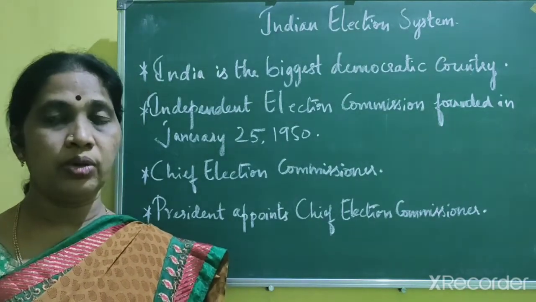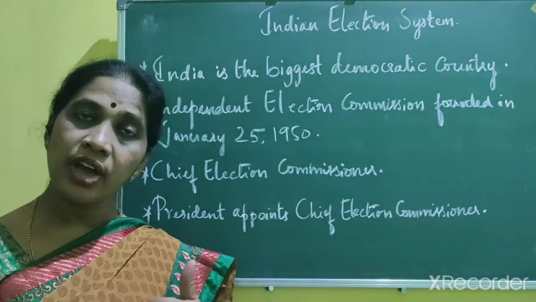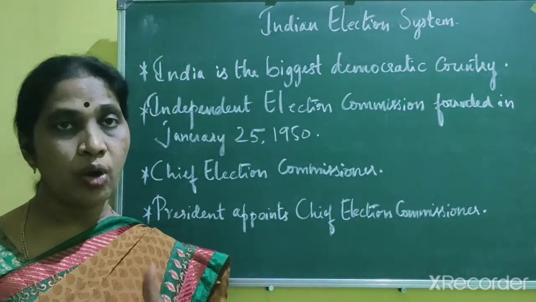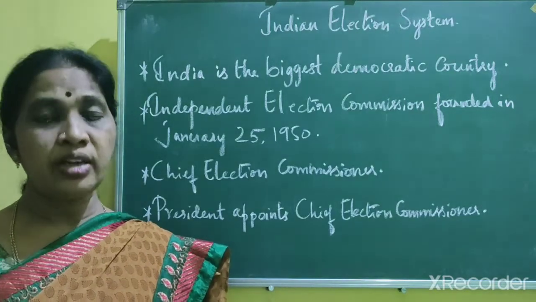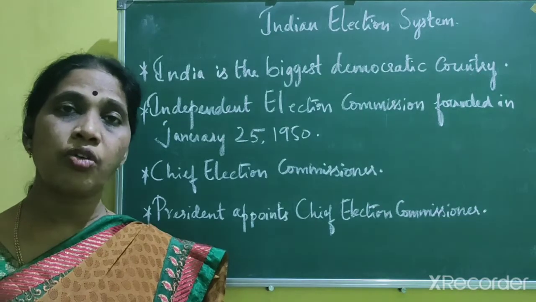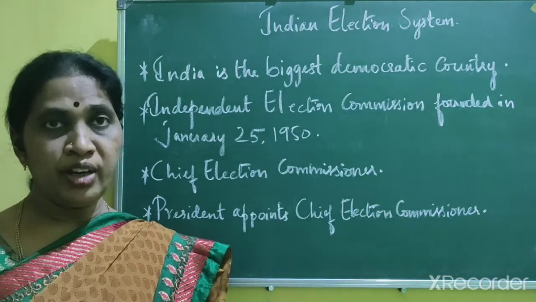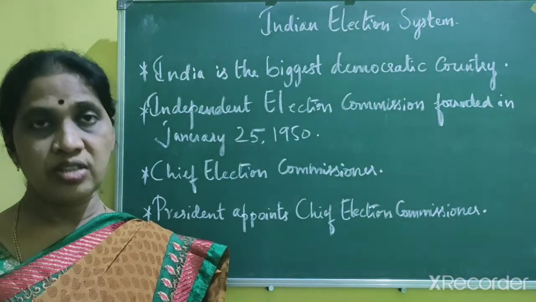So in such a condition, we have to elect an able and competent representative to have a healthy democracy. For this, we need to have a fair and independent election system in India.